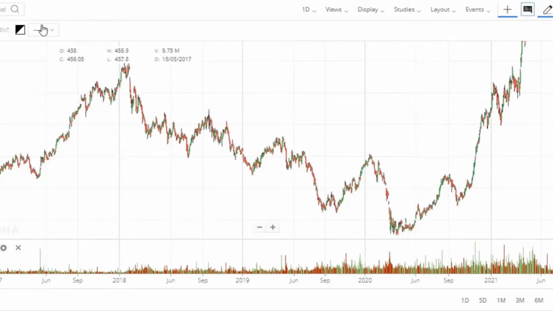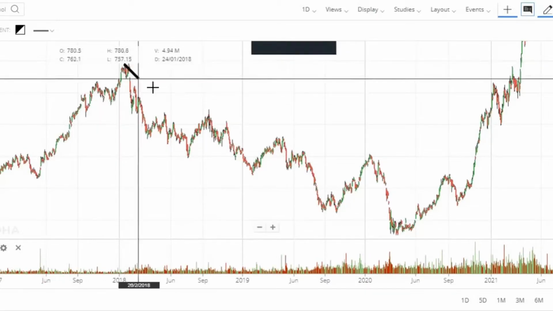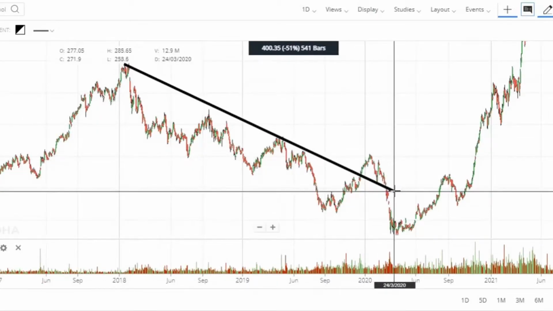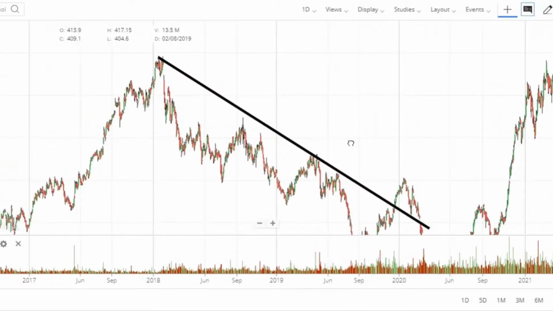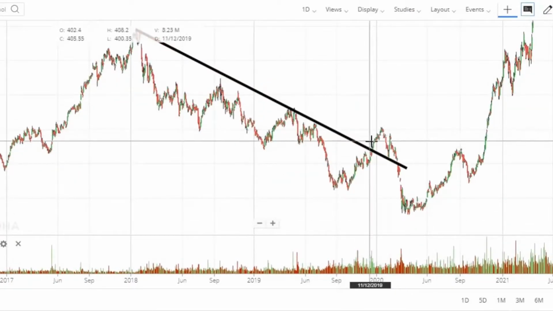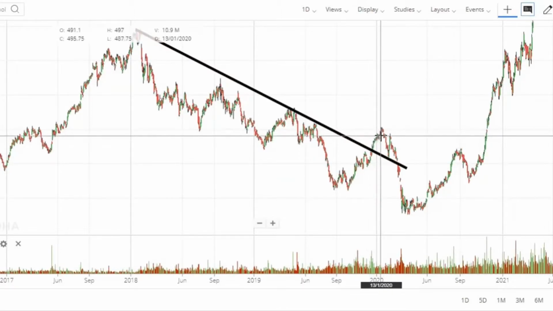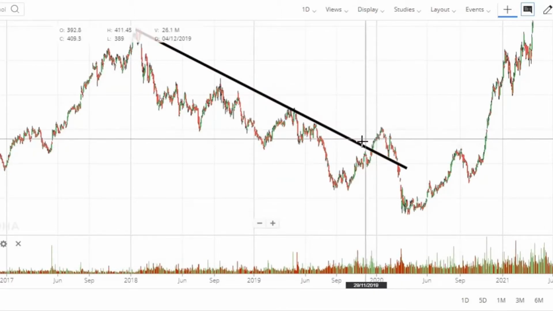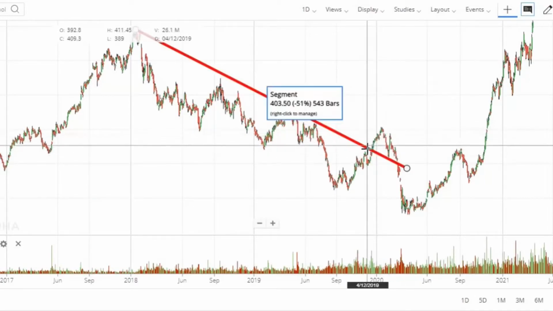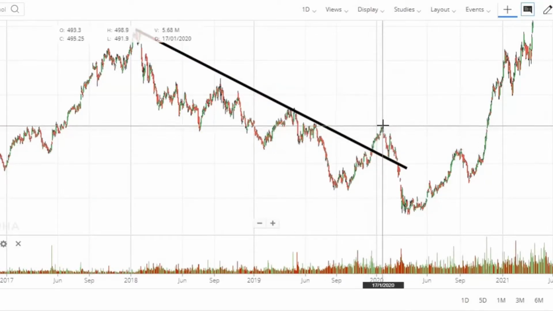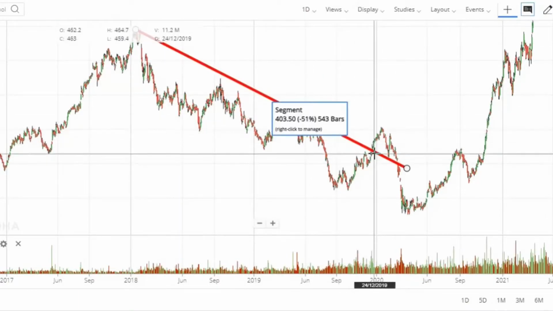If you see over here, this level was acting as a resistance. So the slanting resistance was there, and that got broken in this particular month, December and January, the start of January and end of December. The markets broke this resistance. So that is why this becomes an important level, and that is why I am choosing this as a swing high, because it gave a breakout above these levels.